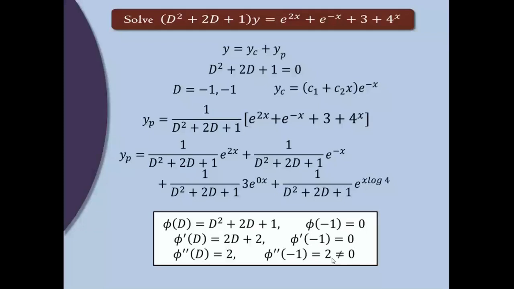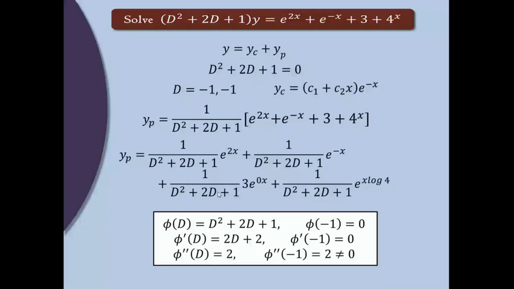The second derivative is non-zero. So in that case, it will be x square into 1 upon this second derivative, e raised to minus x. Direct replacement if it is non-zero; if it is 0, then go on taking derivatives until it becomes non-zero. Here if we replace d by 0, 0 square plus 2 into 0 plus 1 becomes 1, that is non-zero, no problem.